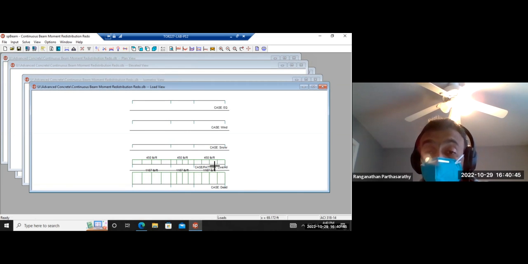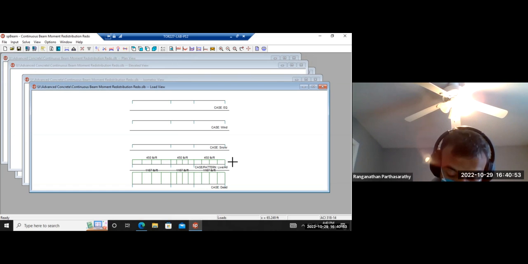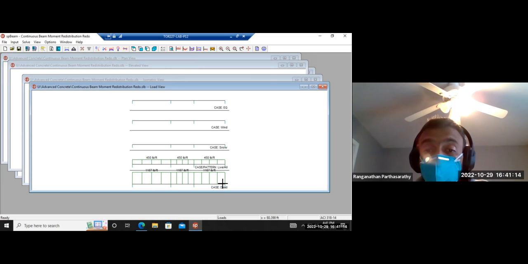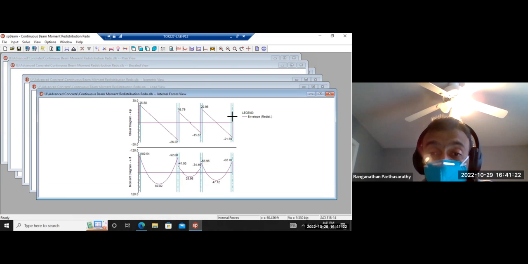Now it will do all of the patterning by itself, all of those alternating patterns and everything. So no need to worry about that. Now we check the internal forces.